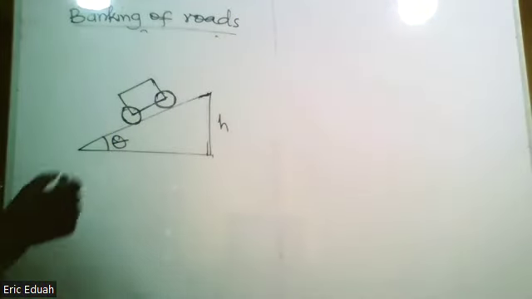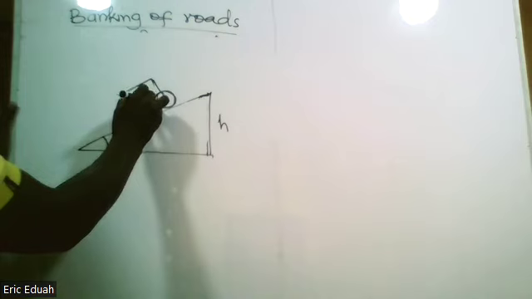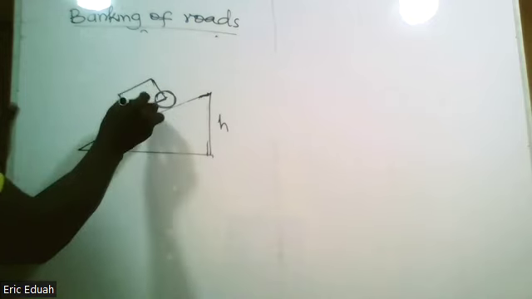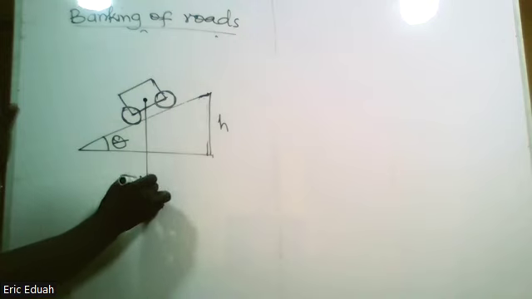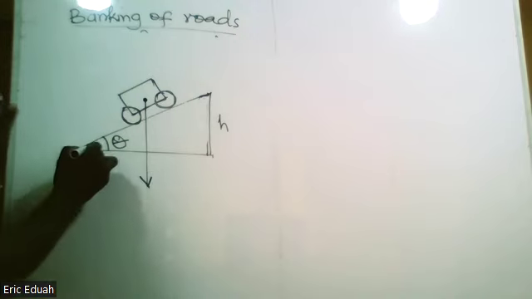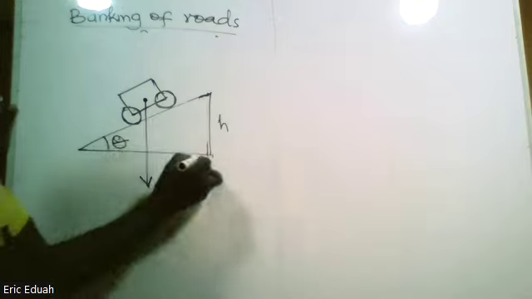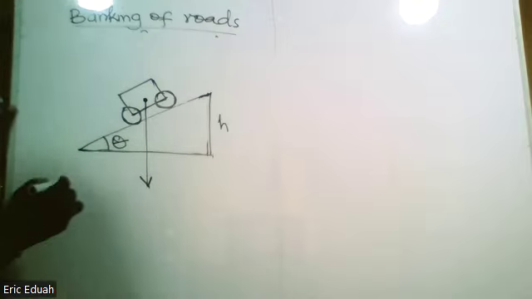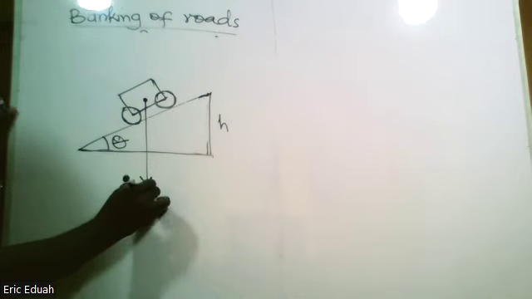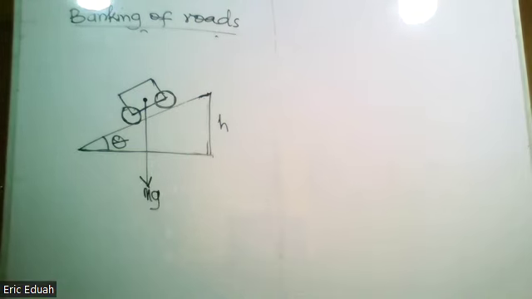So for motion on an inclined plane, this is the weight of the car, always perpendicular to the ground, and this is the level ground. So this is mg of the car.